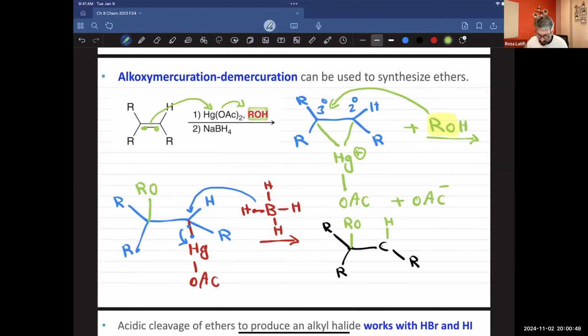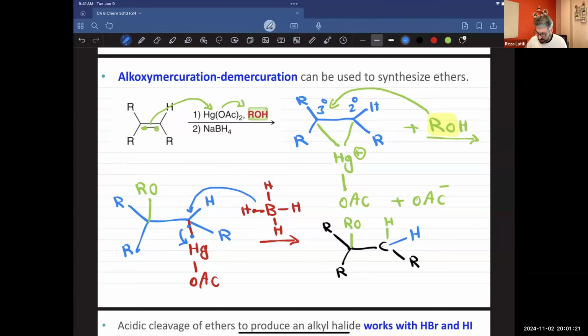Okay, and remember, we had hydrogen from the beginning. The blue one is the hydrogen that we had from the beginning. Through this method, we put the hydrogen on a carbon with fewer substituents, so the hydride was added to the carbon with fewer substituents, and the RO was added to the carbon with more substituents.